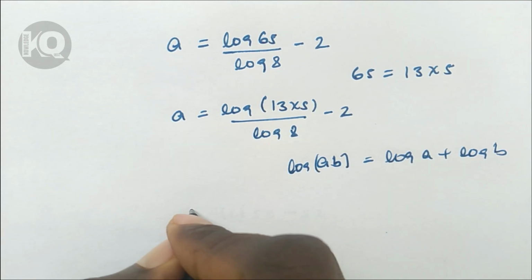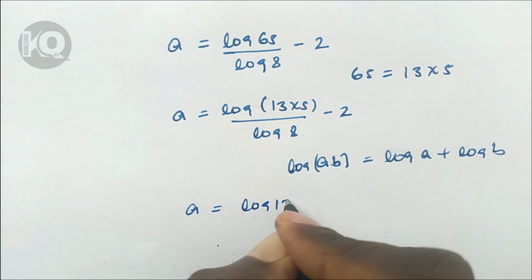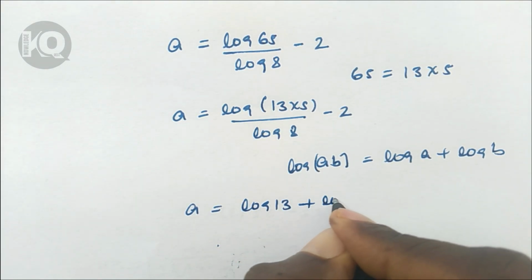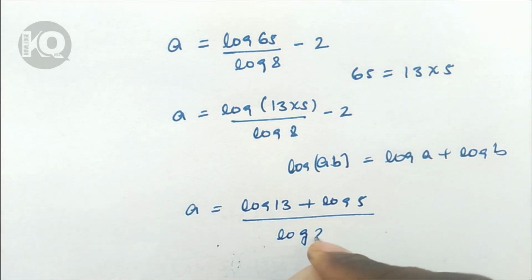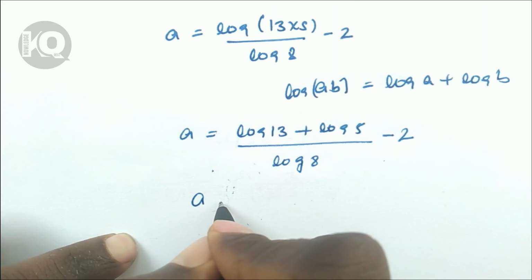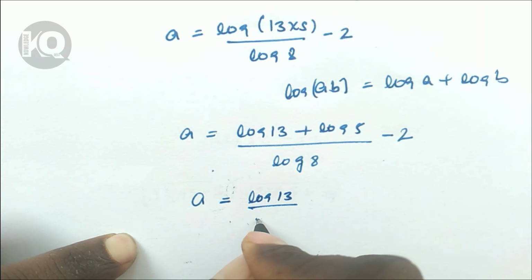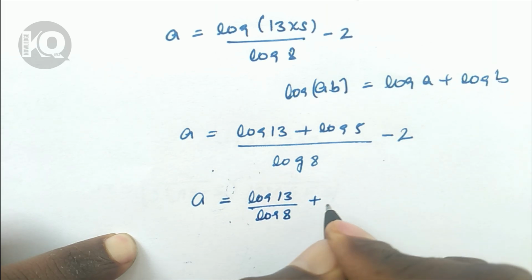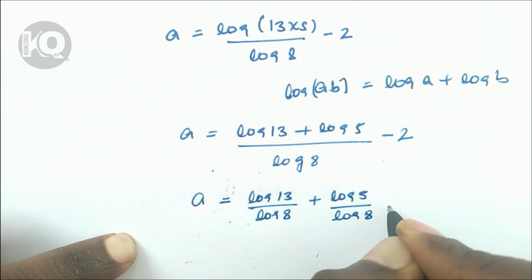Applying this rule, x will be log 13 plus log 5 divided by log 8, minus 2. Let's separate the terms. x is equal to log 13 divided by log of 8 plus log of 5 divided by log of 8 minus 2.